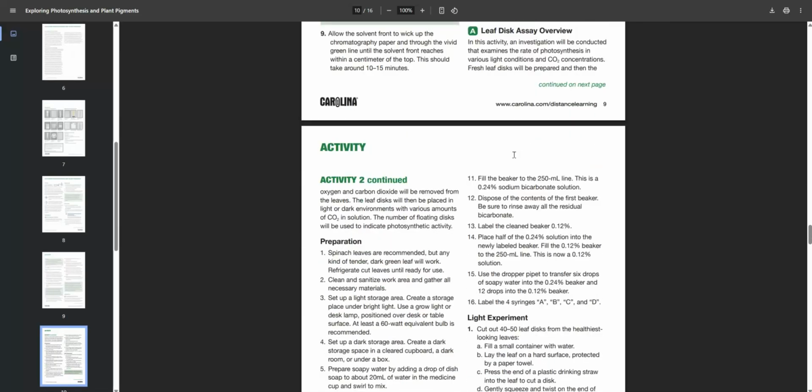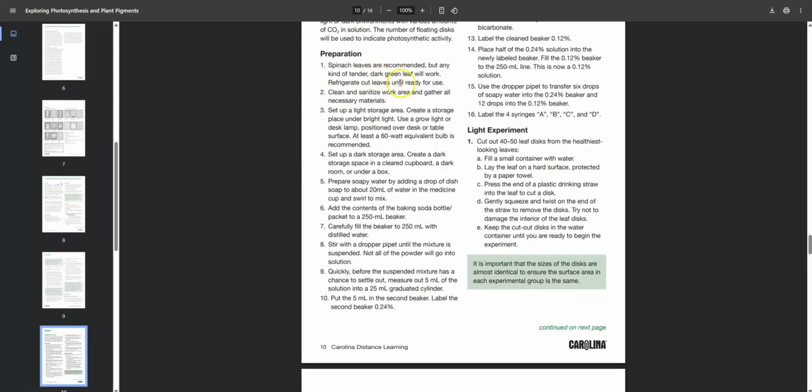Then you're going to go into this next activity. Again, you're using the spinach leaves, and you're going to have the light, and this is where they're saying a 60-watt equivalent bulb is recommended. And then you're going to have a dark storage area. So you're basically looking at light reactions versus dark reactions.